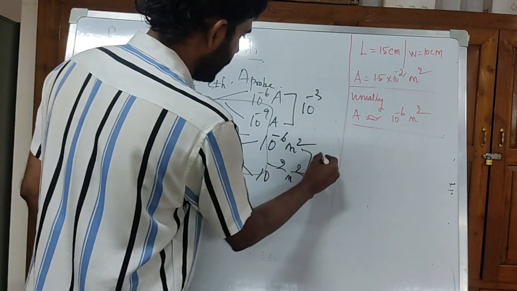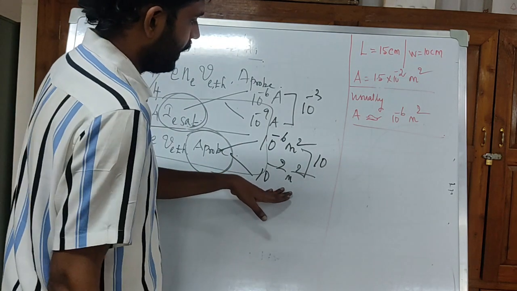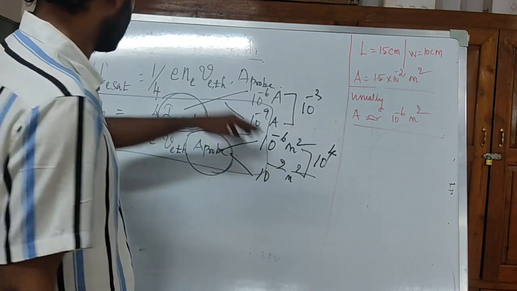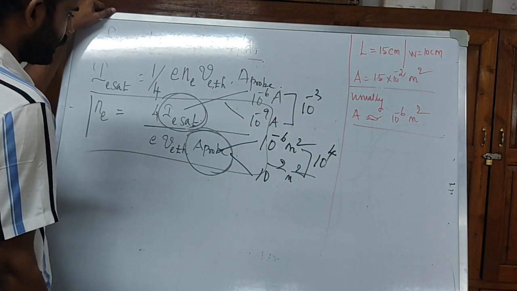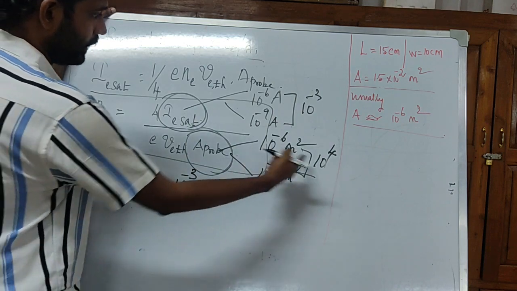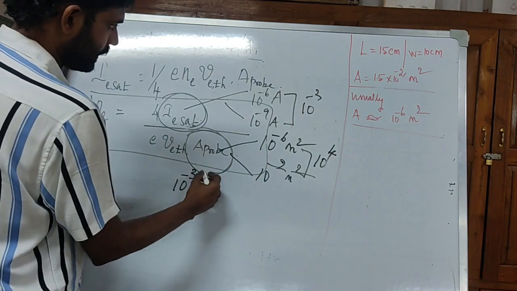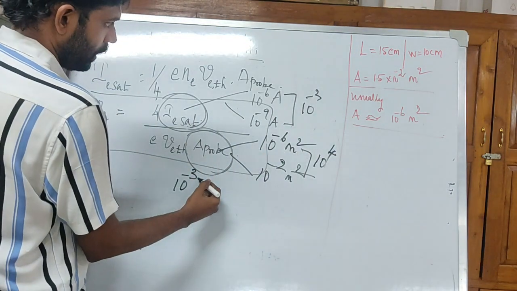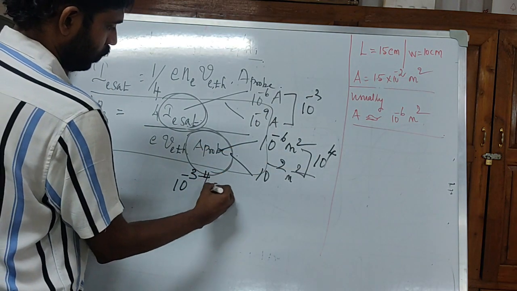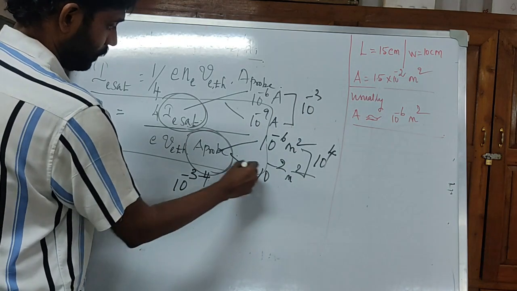So if you see, there is an increase in area by 4 orders. What is happening is that in the numerator there is a drop by 3 orders, and in the denominator there is an increase of 4 orders, which, taken to the numerator, is minus 4, giving 10 to the power minus 7.